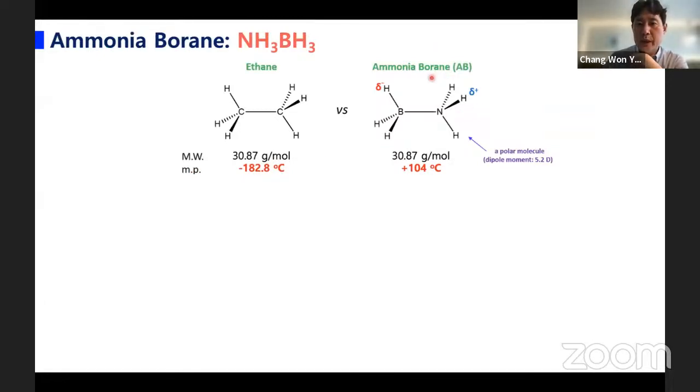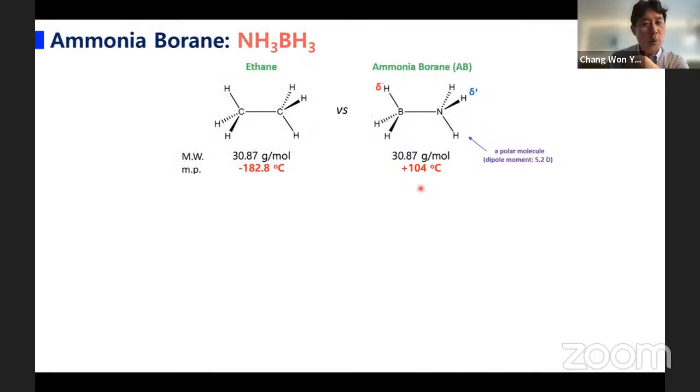But ammonia borane's melting point is over 100 degrees Celsius. It's definitely solid at room temperature. But ethane is definitely a gas at room temperature. The melting point temperature difference is about 200 degrees Celsius.